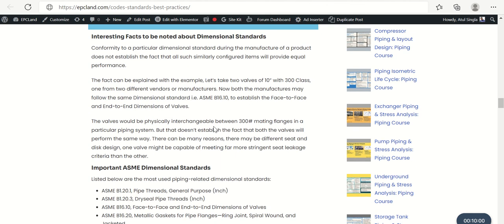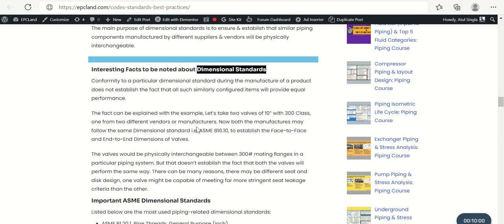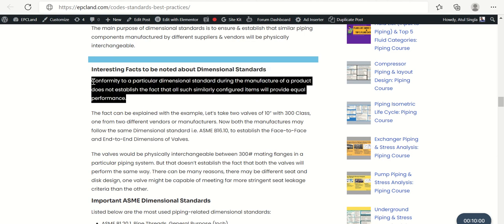Now let us look at a very interesting fact about dimensional standards. If we are saying that any manufacturer has confirmed that they are following the dimensional standard, then can we say that if the same item is manufactured by two manufacturers, the performance will be the same? Okay, so this is very interesting.